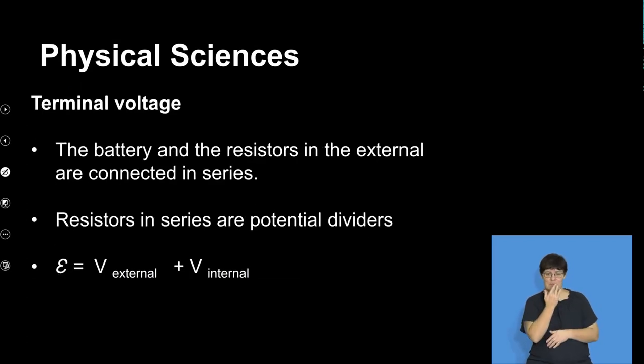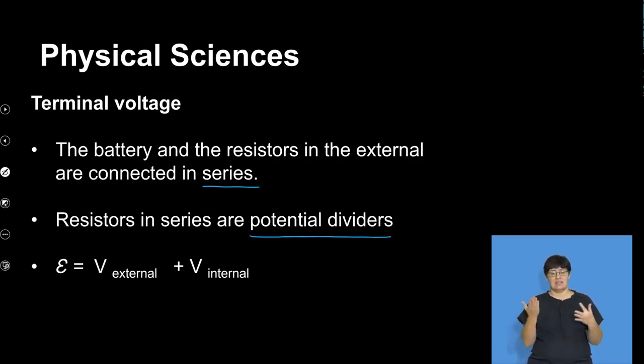Right. Okay, so when we talk about the battery and the resistors in the external circuit, we know that the internal resistance of the battery and that of the light bulb are in series. So whatever current passes through the battery will pass through the light bulb in this case. So resistors in series are potential dividers. Now this takes us back to some of the stuff that we know.